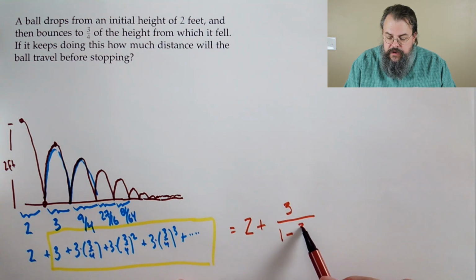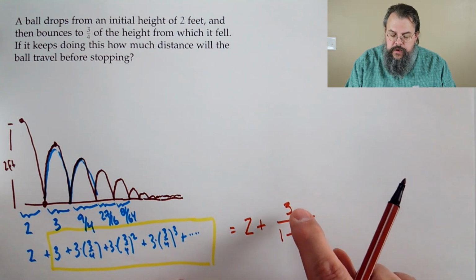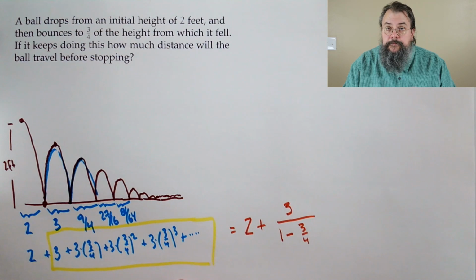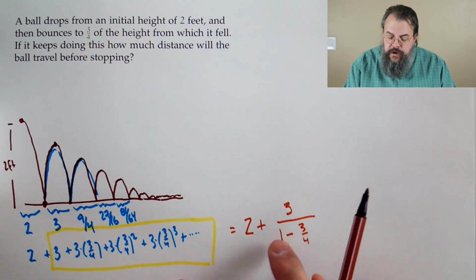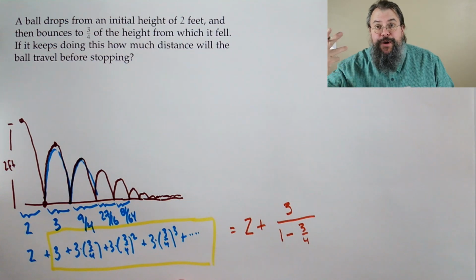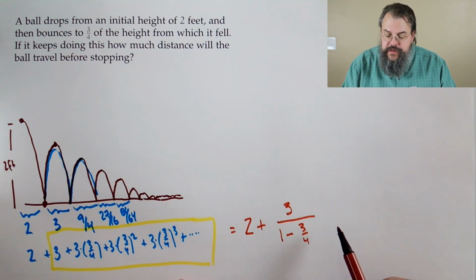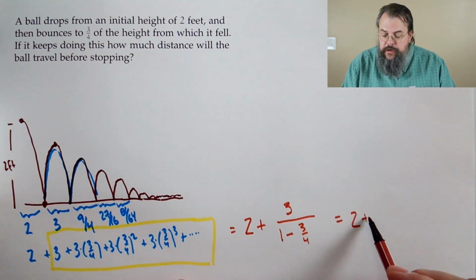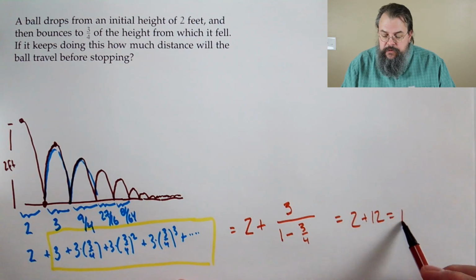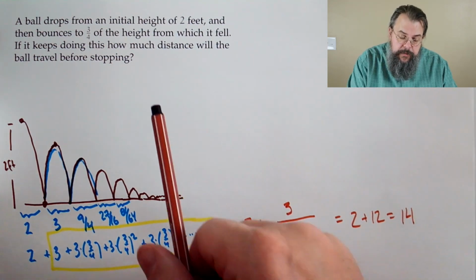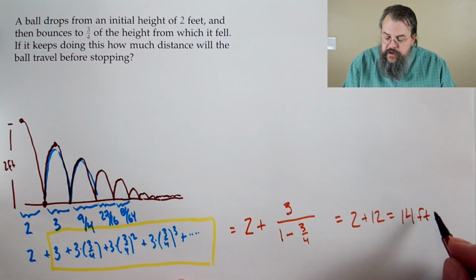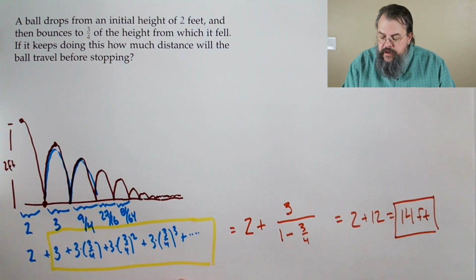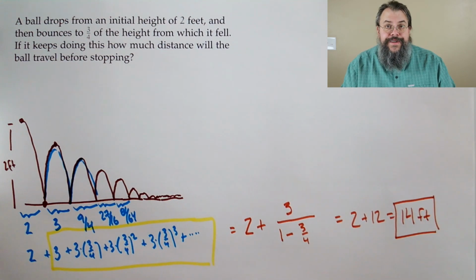A over 1 minus R. Well, 1 minus 3/4 is 1/4, which flips over to become 4, and then upstairs, this is really 2 plus 12, making it 14. And we can even talk about the measurements. 14 feet. And that's the answer.